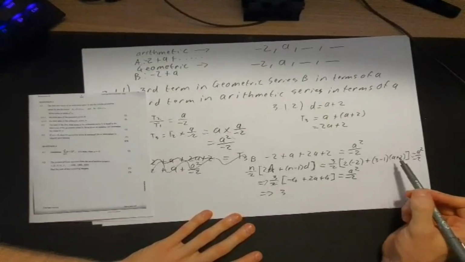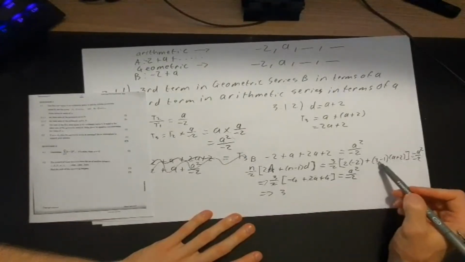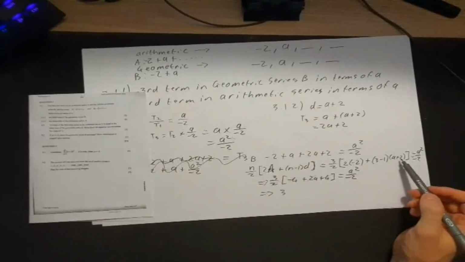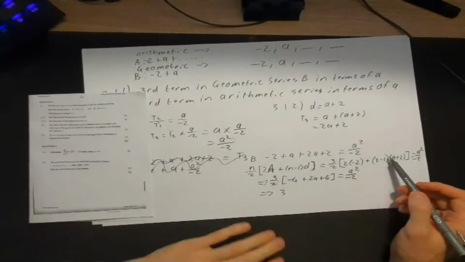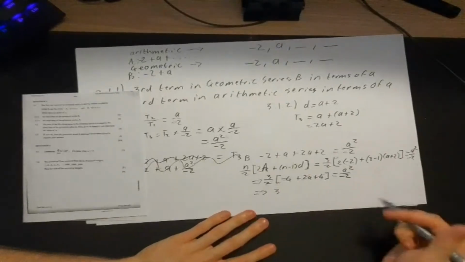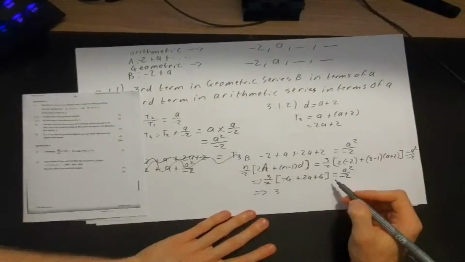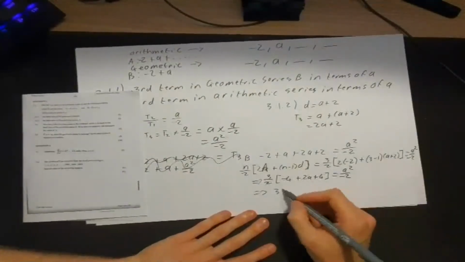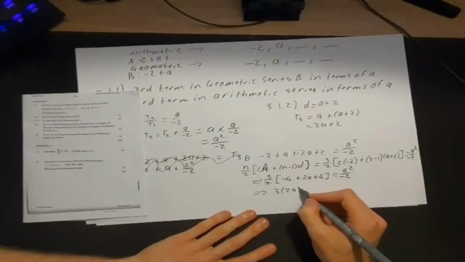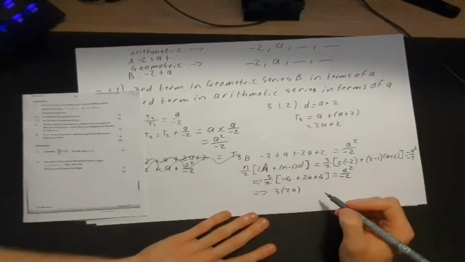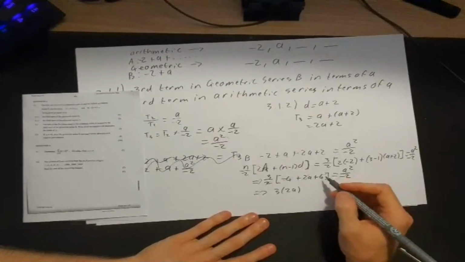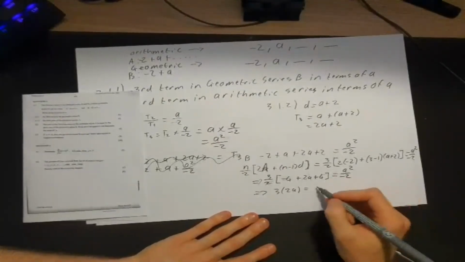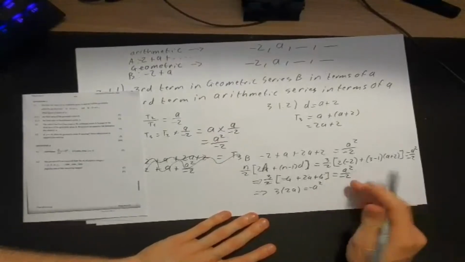Wait, let's see. That's -4. 3 minus 1 gives you 2, times 2 is 4. But that's plus over there. There's a 2a over there, so that's times 2a over there. And that is all equal to -a squared. Okay, there we go.